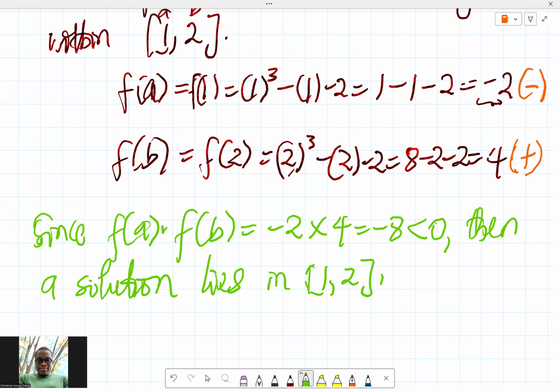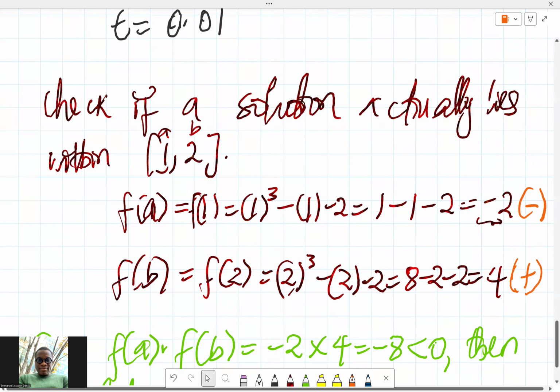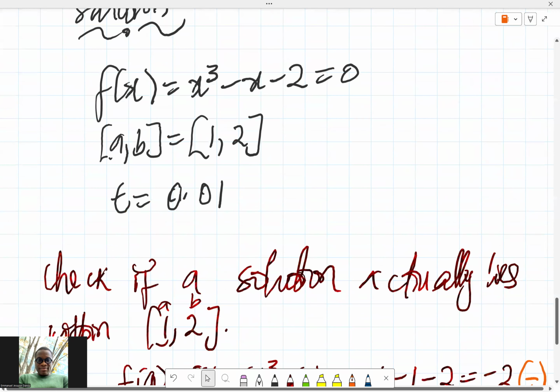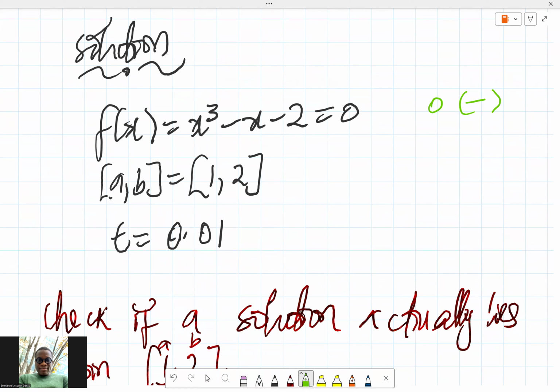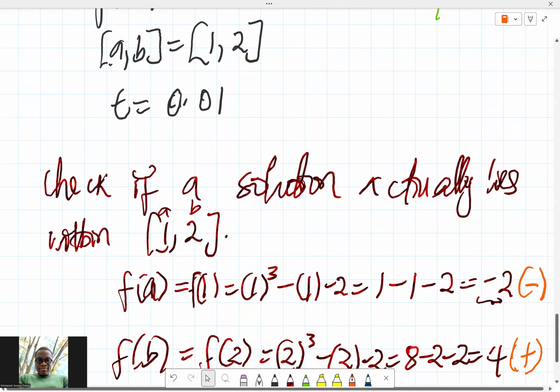Okay, so you can now go on. Normally you may not be given the interval, so you may be required to start looking for where the solution lies. In that case, you can just start from 0. If you substitute 0, that's going to be negative. If you substitute 1, just like we've done, it's negative also.